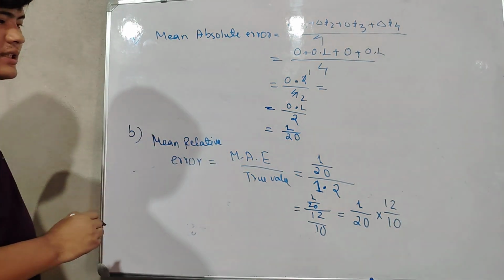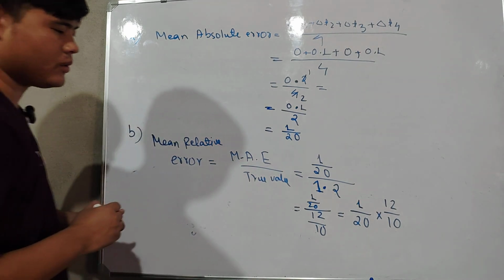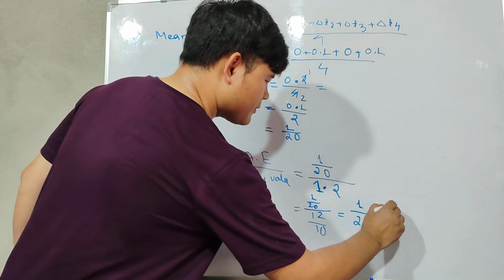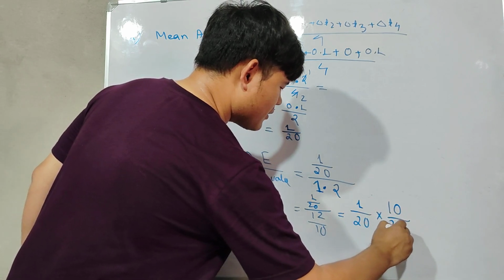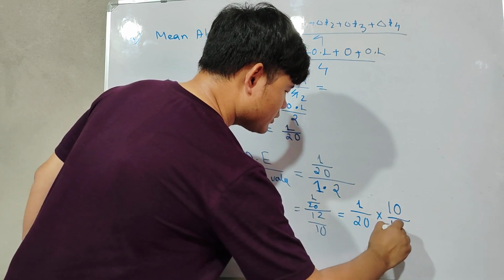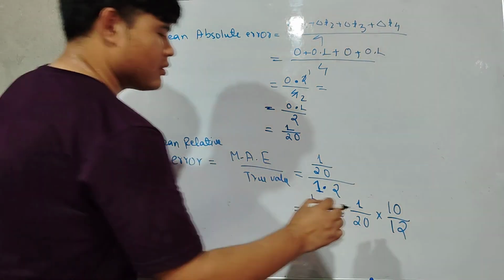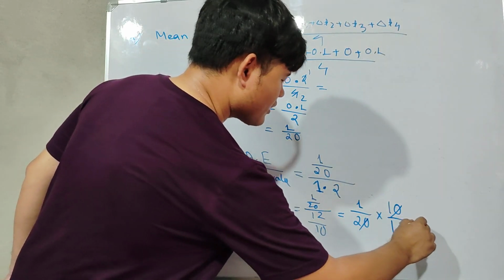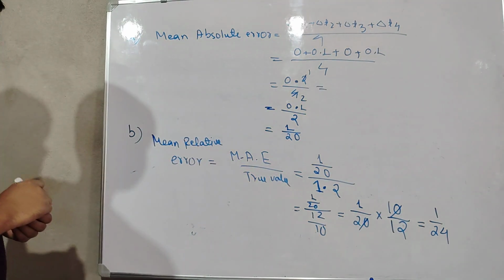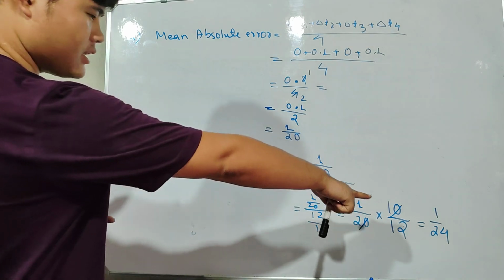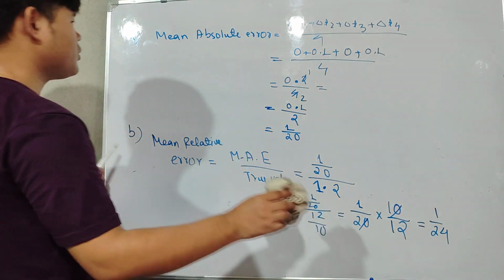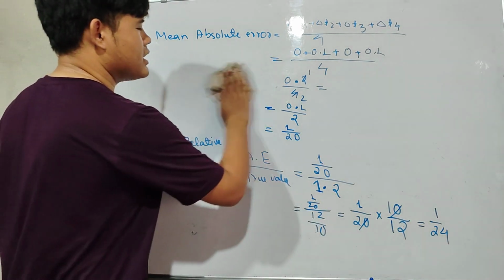Oh no, you will get the reverse: 10 will go up, 20 will come down, and 12. So we get 1 by 24. This is our mean relative error. You can make it decimal.